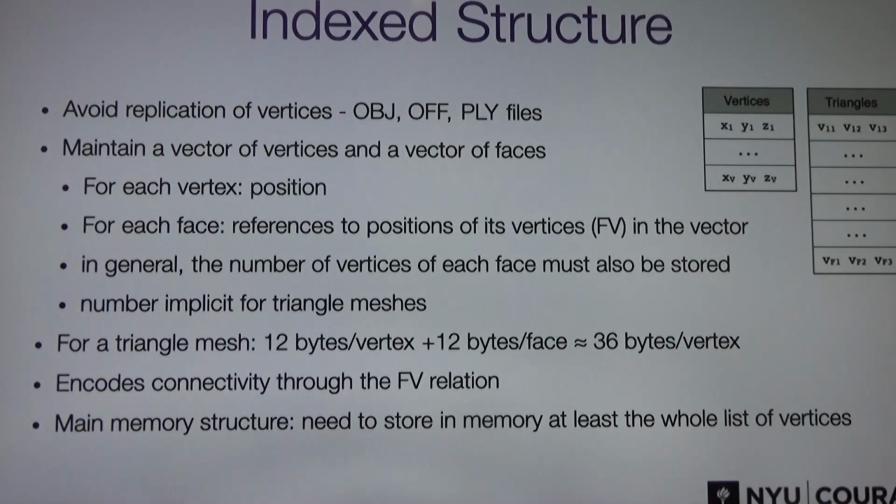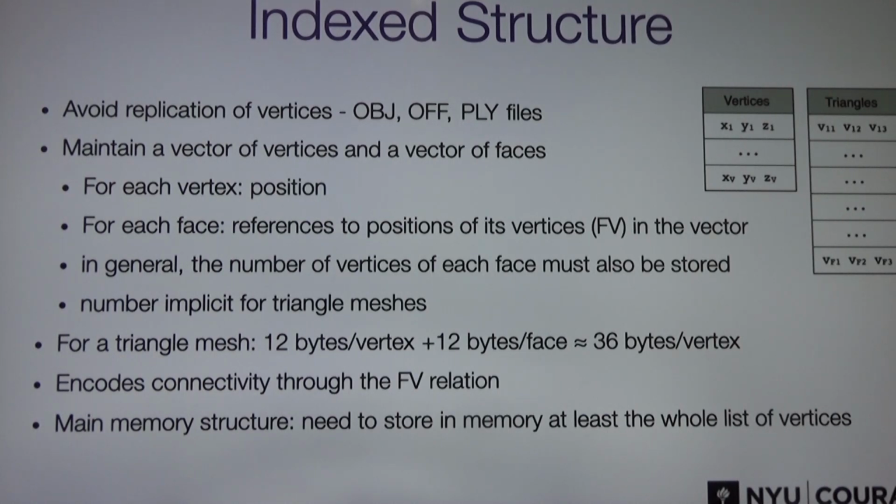Then another way of doing that is an index structure where you want to avoid replication of vertices. So you store a vertices table and you store a triangles table. For each vertex you just store its position, and for each face you reference the positions of its vertices in this vertex table.